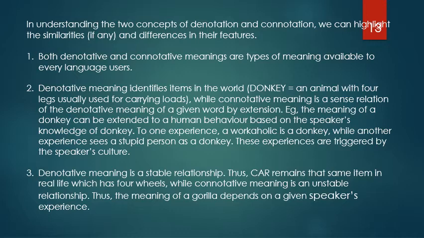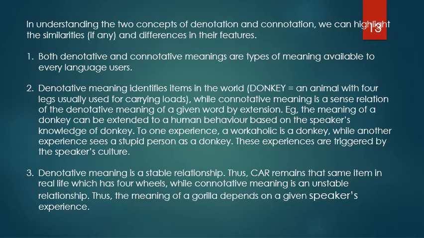While on the other hand, connotative meaning is based on our perception and experiences. Because what somebody may perceive the word woman to connote may be different from what another person perceives. To some, woman connotes beauty, while to some, woman connotes weakness.